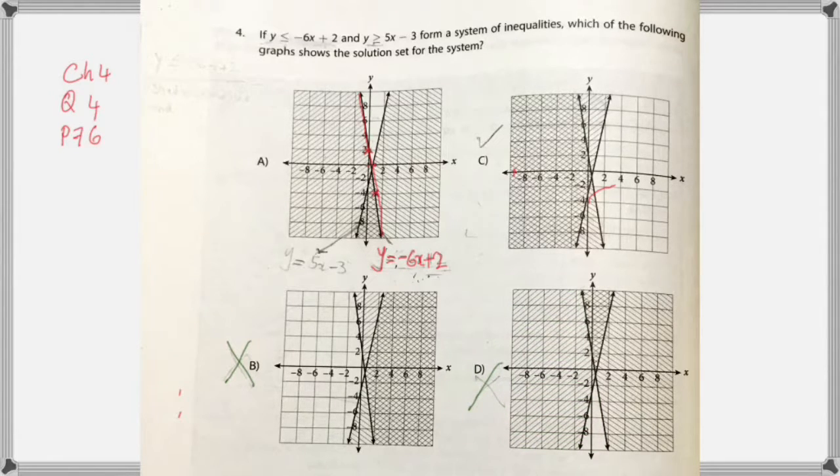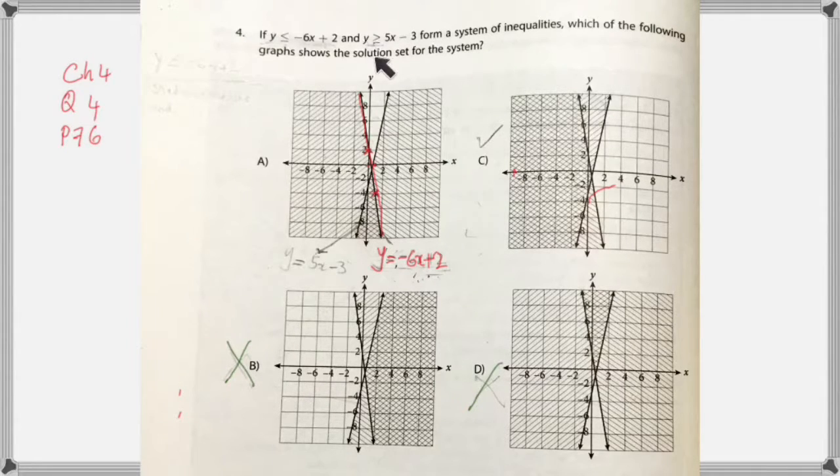So the answer has to be either this one or this one. For both of these diagrams, the area below this line is shaded. Now let's take a look at the other inequality: y greater than or equal to 5x minus 3.